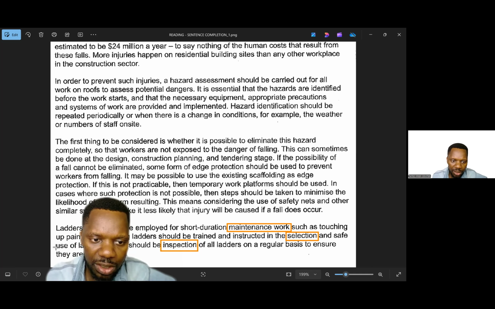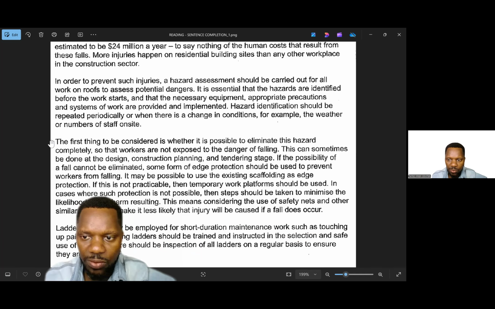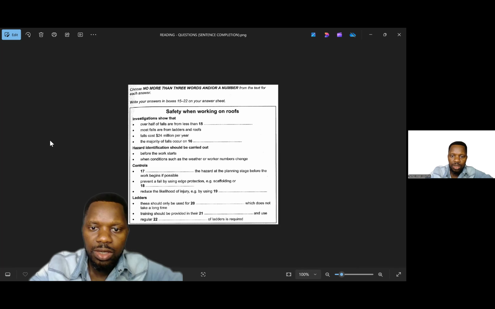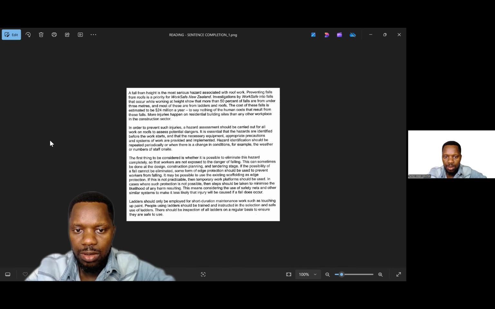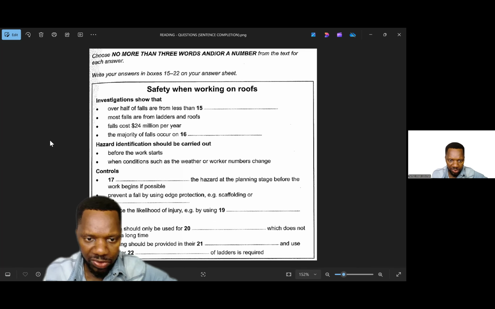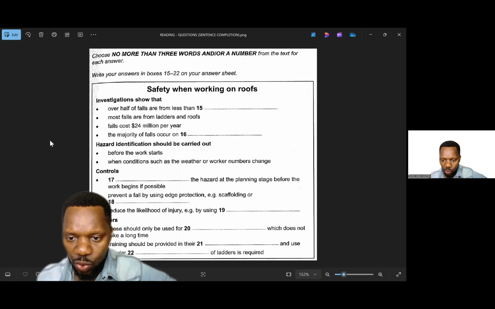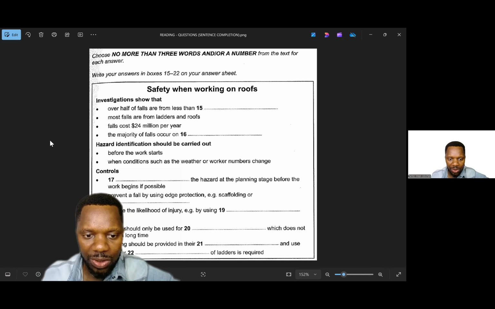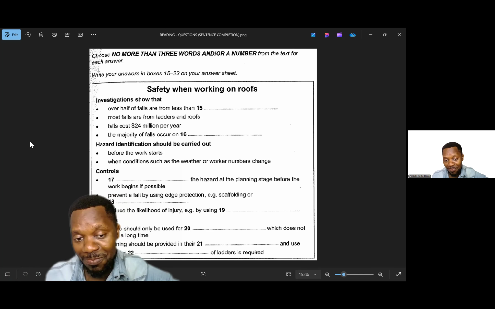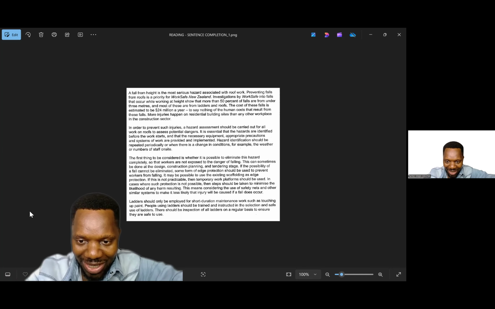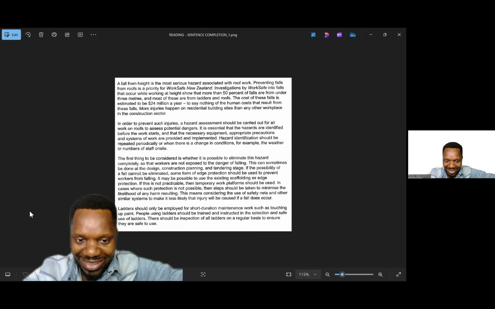So let's see if we made the best choices of answers. Here we have, these should only be used for maintenance work, which does not take a long time. Then number 21, training should be provided in their dash and use. So we chose in their what? So here we said in their selection.